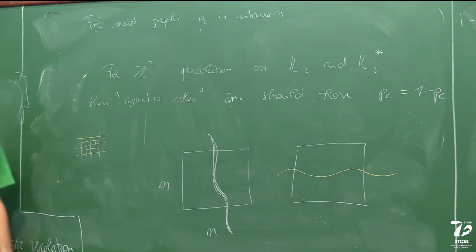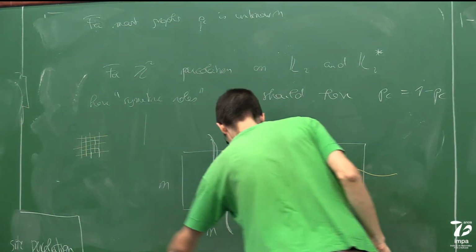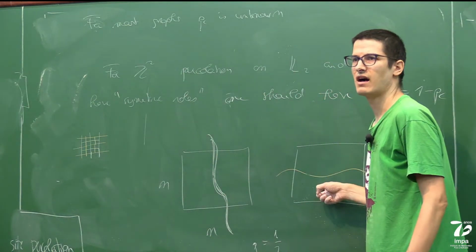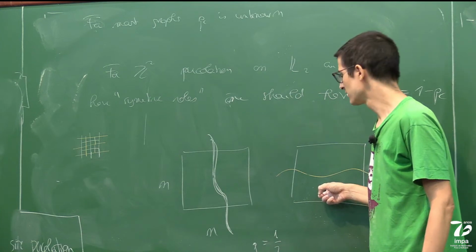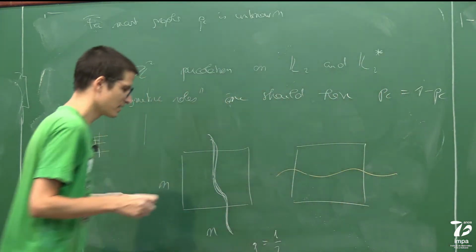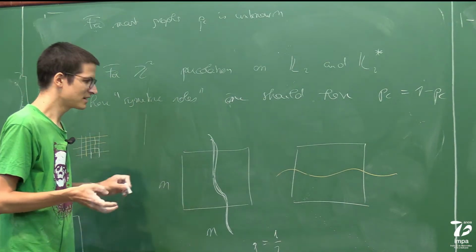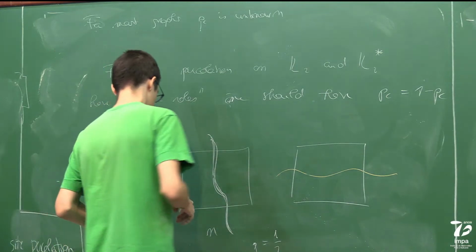Okay, so when p is equal to 1/2, well, the probability of these two events are equal, because p is equal to 1 minus p, so they are equal, so they should be equal to 1/2.